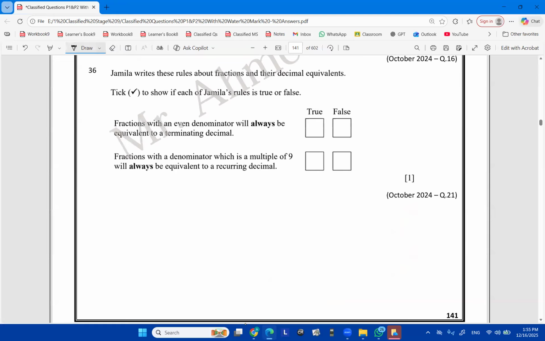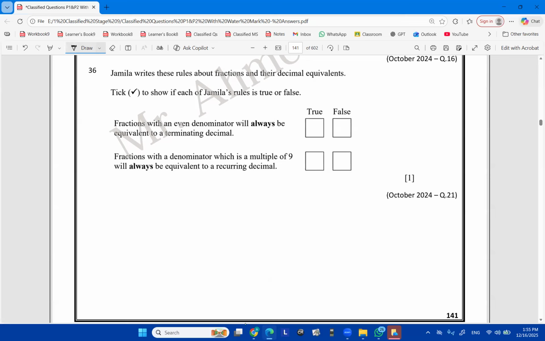Jamila writes these rules about fractions and their decimal equivalents. Tick to show if each of Jamila's rules is true or false. Fractions with an even denominator will always be equivalent to a terminating decimal.